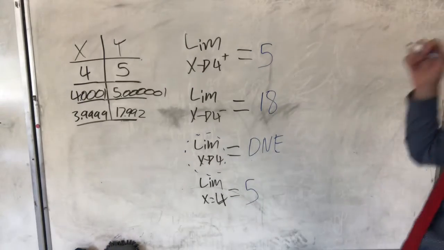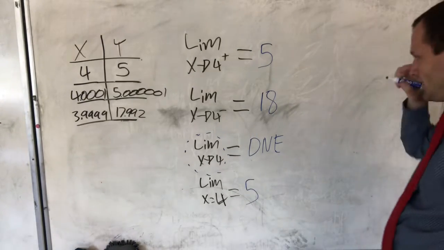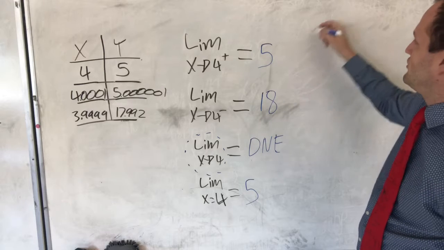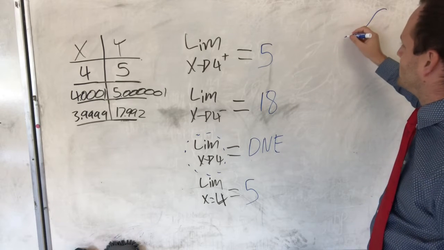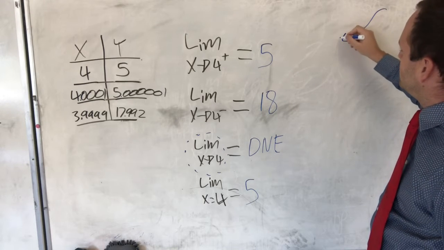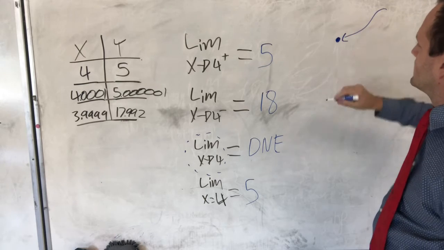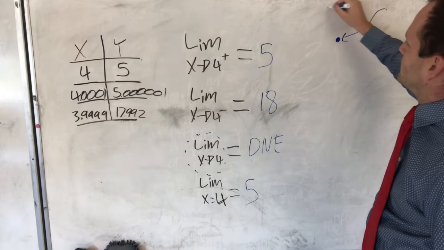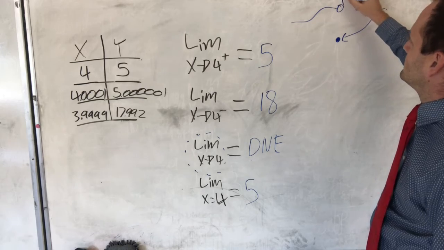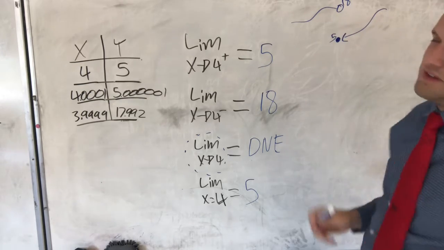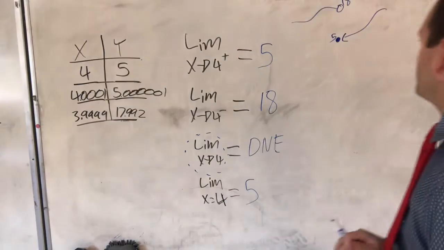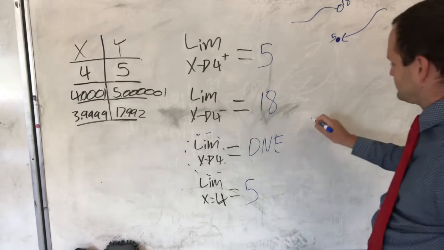Let's think of it as back to that school bus example, okay? So we have a graph. It's approaching from the positive side. We're coming towards 5. And on this side, we're coming towards 18. Let's think of this as a school bus. So we have one school bus driving along.